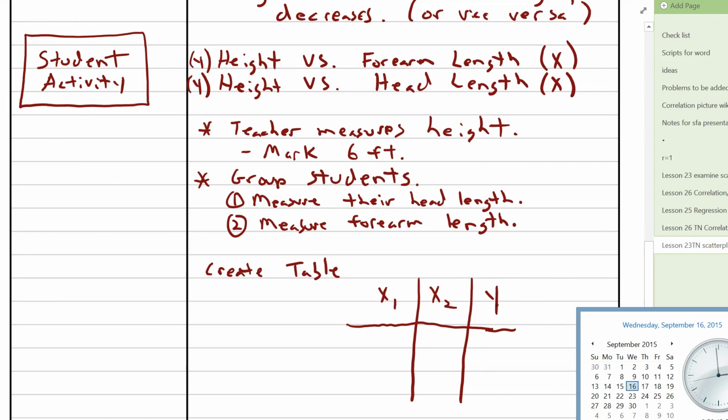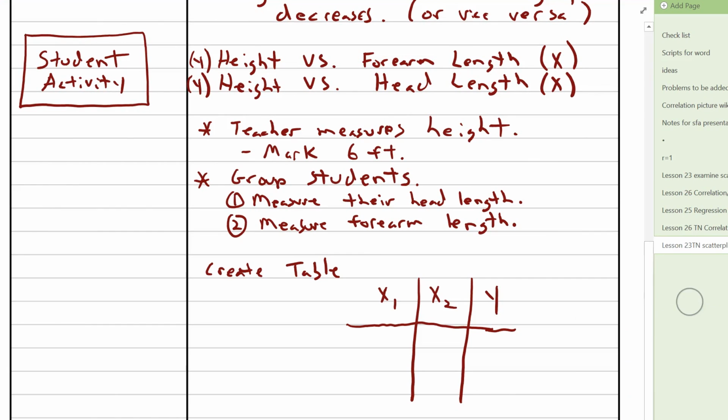Our y variable is going to be our height, and x1 and x2 are forearm length and head length, and it doesn't matter which one you call which. So each group will have a measurement for their forearm, a measurement for their head, and a measurement for their height.